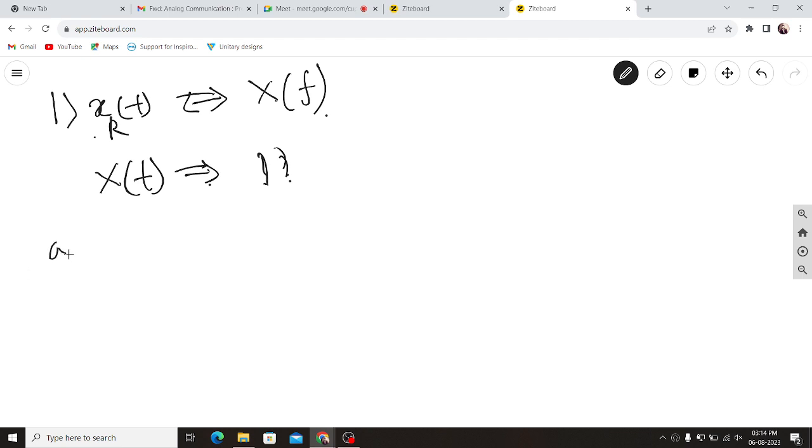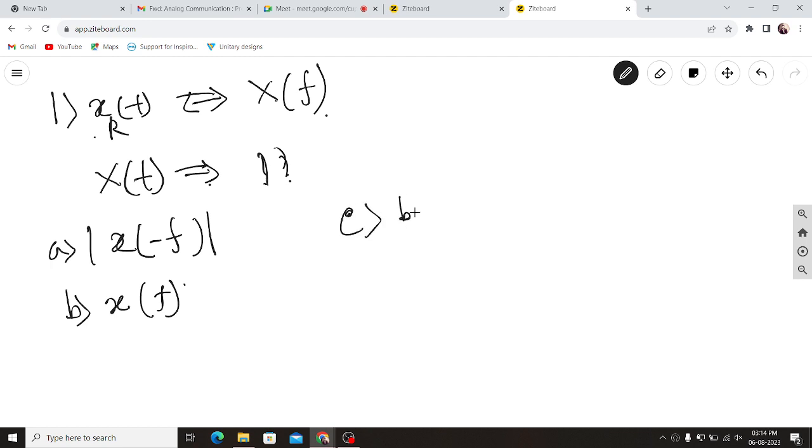First option is X(-f). Second option is X(f). Third option is both A and B. And the last option is none of the above.